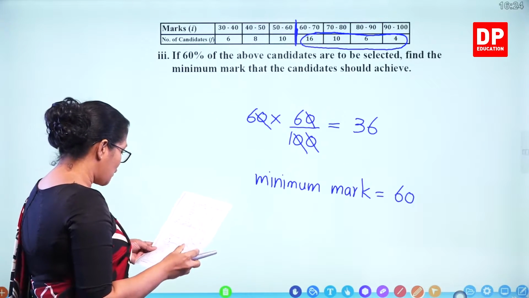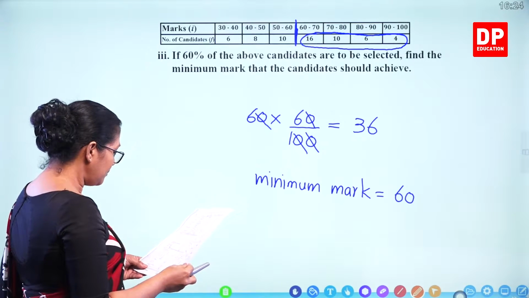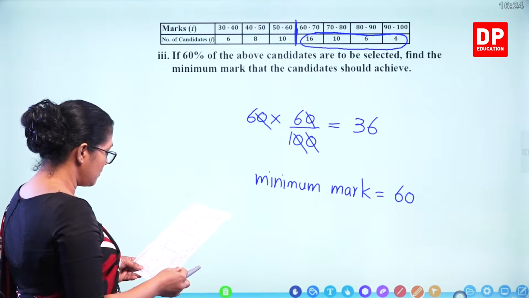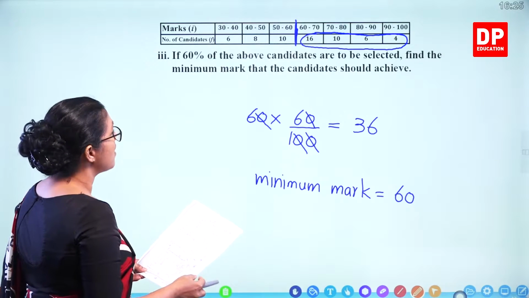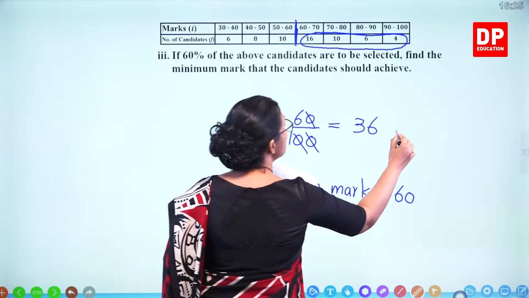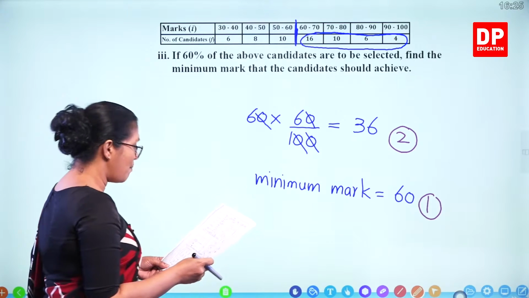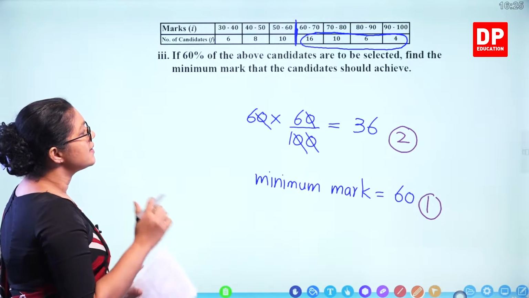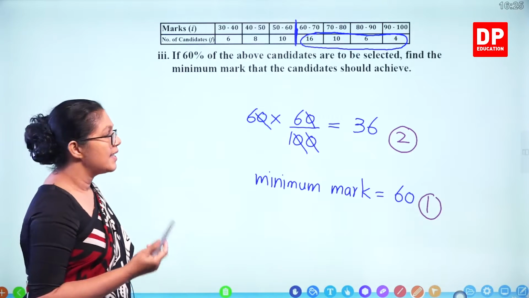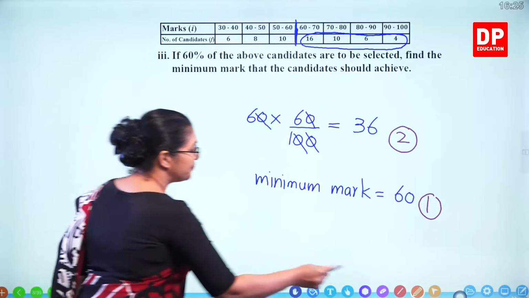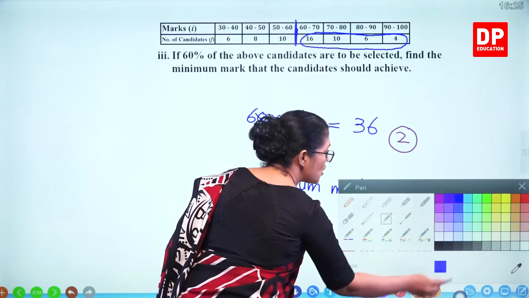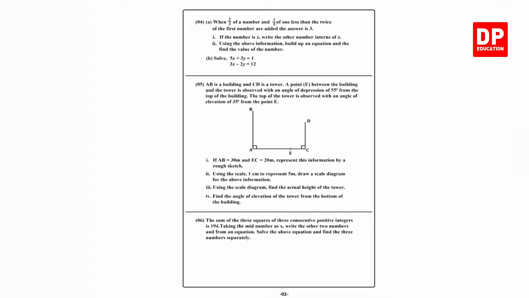So how many marks for the third part? 3 marks. 2 marks here and 1 mark for finding the minimum mark. So earlier 7 and this 3, 10 marks altogether. Now let's do the next question. You can try 4, 5 and 6.